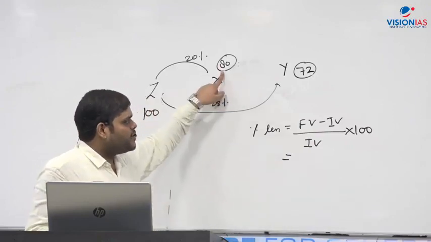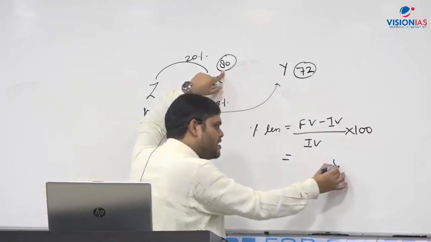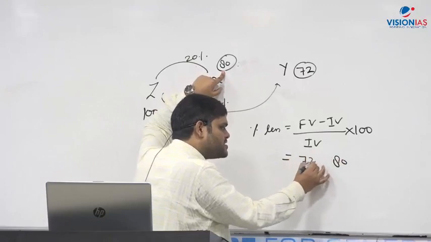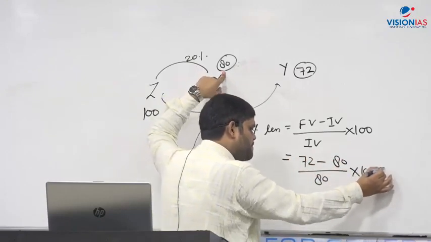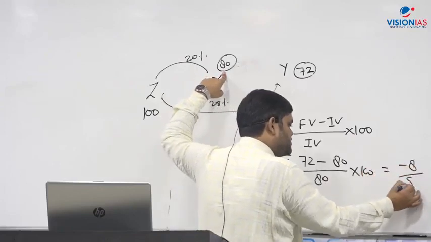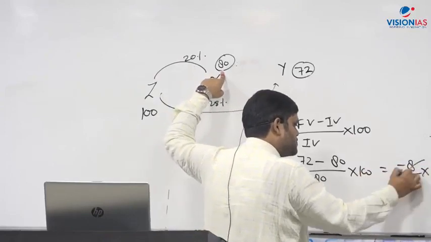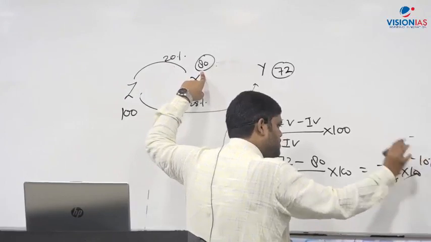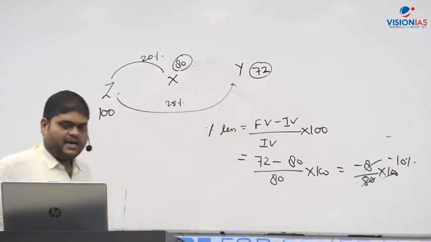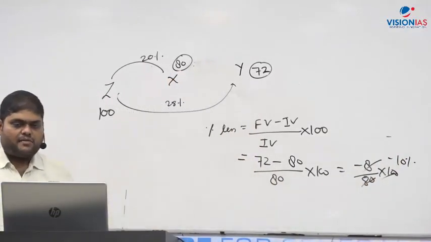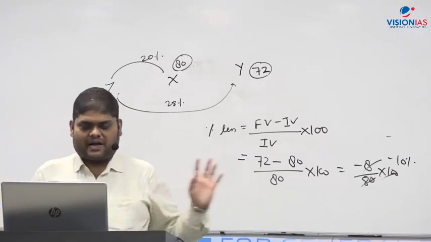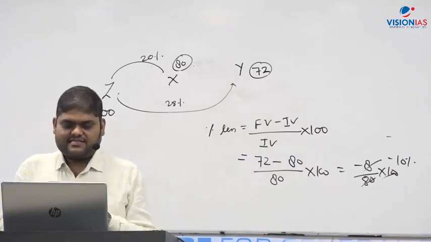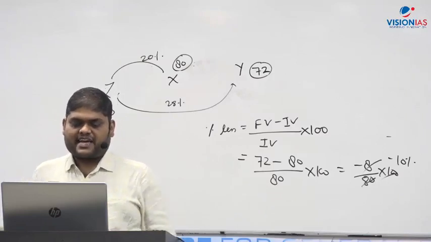So the initial value becomes 80 and the final value becomes 72. The answer will be 10%. It was 72, not 78. By mistake I have written that there.